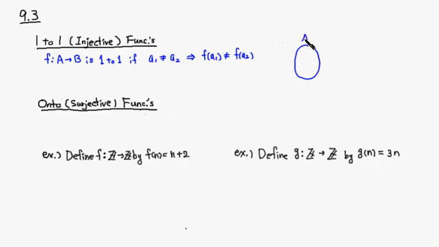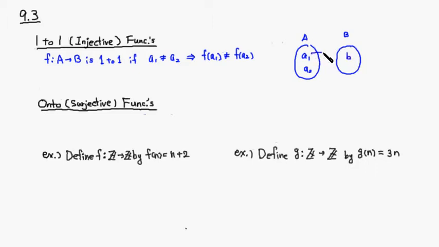situation like this. Let's say you have a set A and a set B. So you have two different A1 and A2 elements. Say you have B, right?